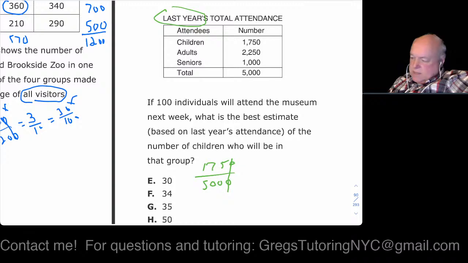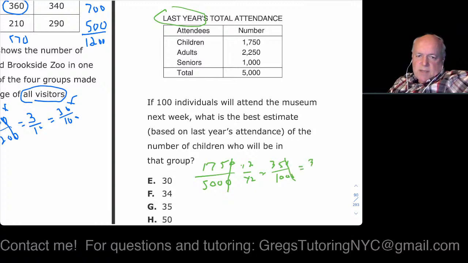Then basically what I'm going to do is multiply the numerator by 2 and multiply the denominator by 2. I'm doing that because I'm going to get 350 over 1,000. And I'm going to throw away the zeros again, and then I basically get 35%.